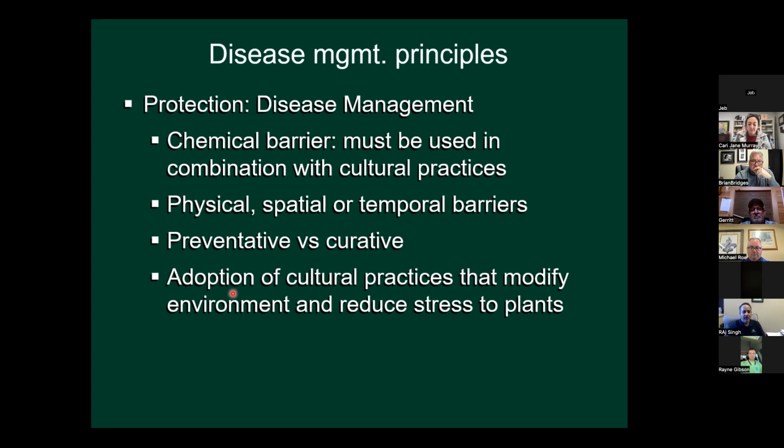When it comes to fungicides, preventative versus curative, there are very few fungicides that have any curative action, and I think these two terms are misleading. Preventative versus curative is about the amount of the fungicide and the time period. On any fungicide label, you will see 2 to 4 fluid ounces at 10 to 14 day intervals.